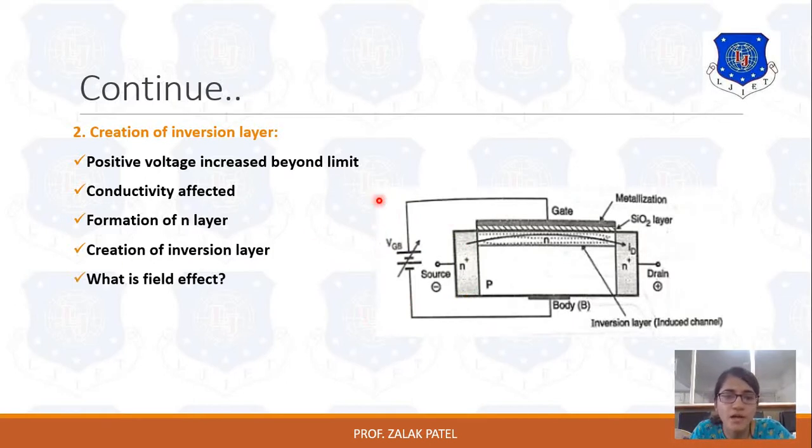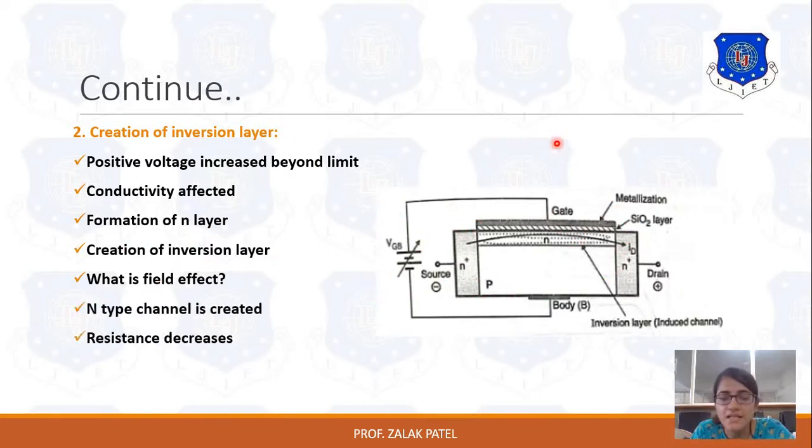So this n layer is created because of the larger number of electrons; it is called the inversion layer, and its creation with applied external voltage is called the field effect.